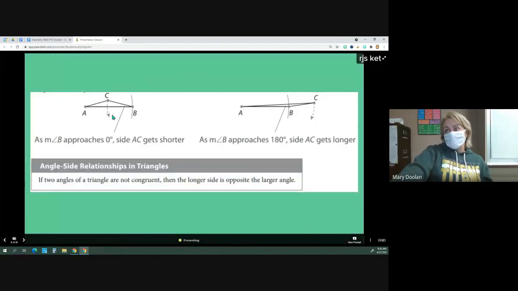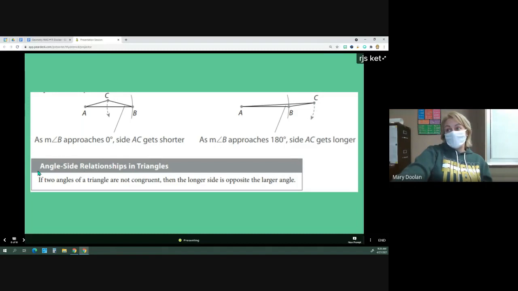And so we have just this general picture here of a triangle ABC, and as the measure of angle B approaches 0, as it gets smaller and smaller, side AC is also getting shorter and shorter. Conversely, in this picture here, as the measure of angle B approaches 180, as it's getting larger and larger, the side AC is growing in its length. It's getting longer.